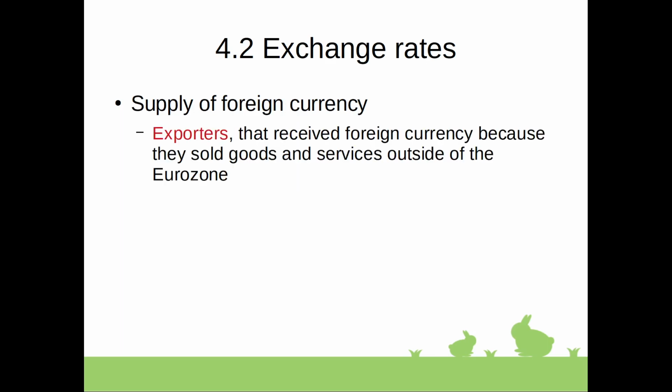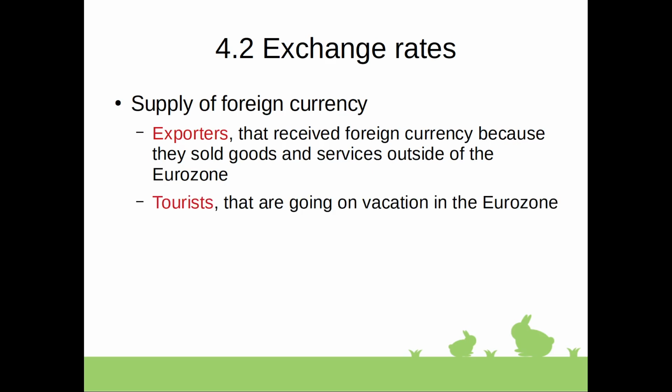That was demand. Of course, we also have supply. Who is going to supply the currency? Well, this is just the other side of the spectrum. Here we have the exporters. They received foreign currency because they sold goods and services outside of the Eurozone. We have the tourists that are going on vacation in the Eurozone.